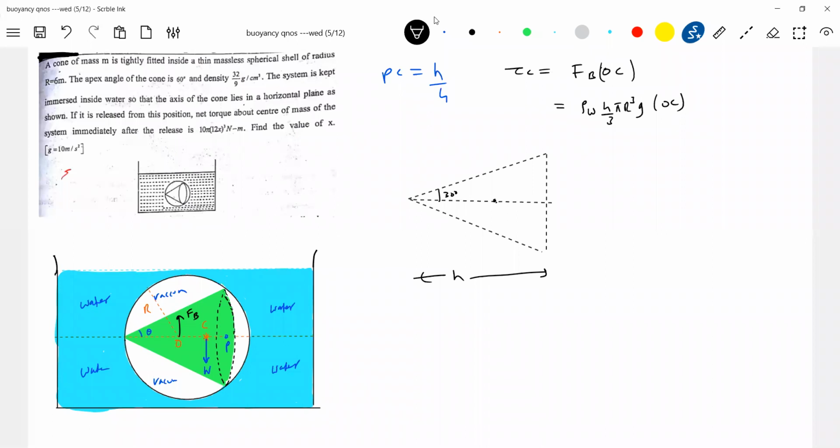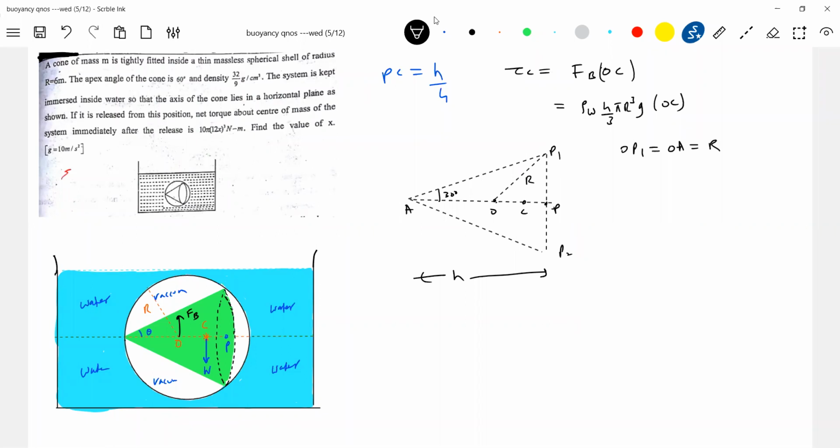This is the center O, this is C, and this is P. We know this distance, which should be equal to R. This distance OP1 is equal to OA, which should be equal to R. Will you agree?